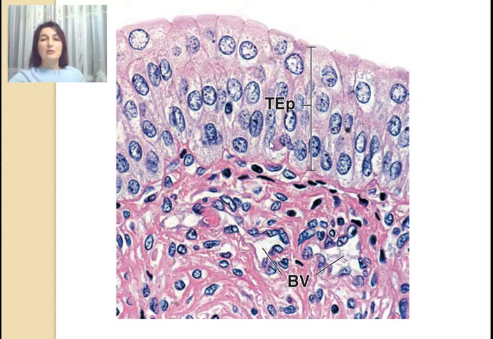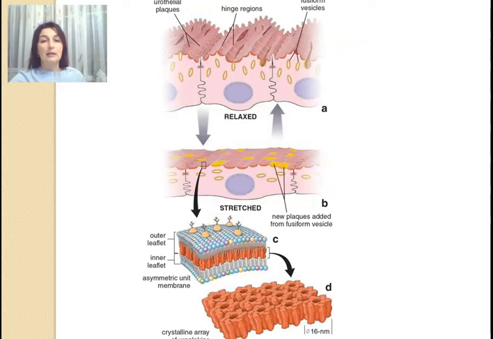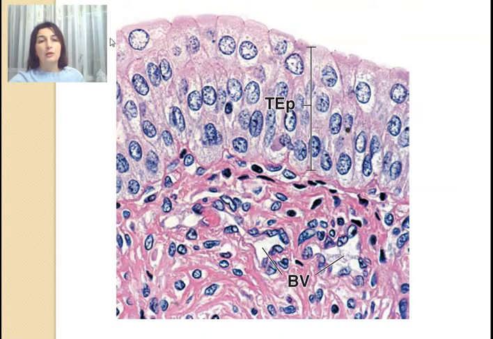The transitional epithelium will change its thickness according to the state of the organ. If the organ is full, the epithelium will flatten because it will stretch. But if the organ is empty, it will have several layers of cells, and even the superficial layer will have dome-shaped cells. Some of them may have two nuclei.